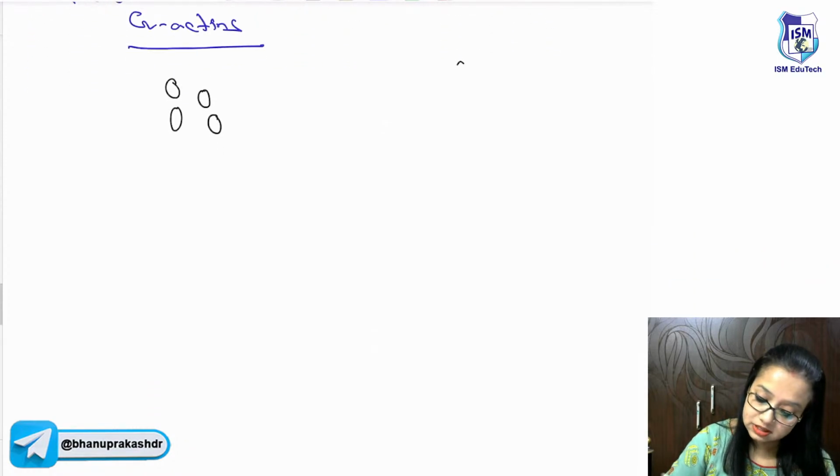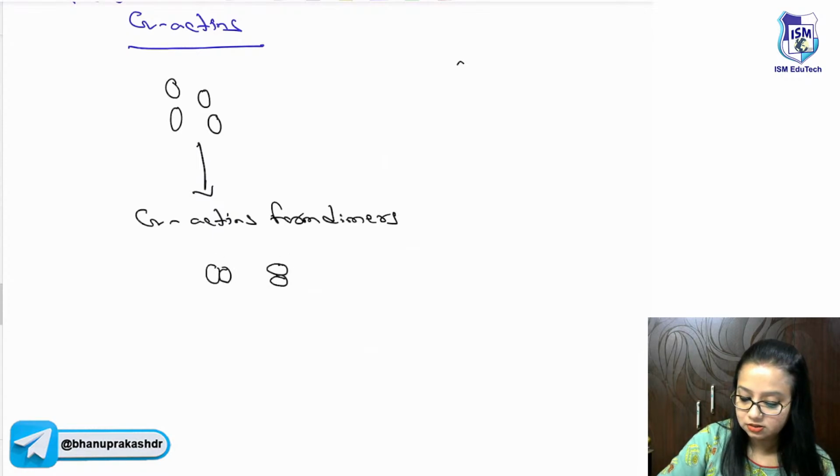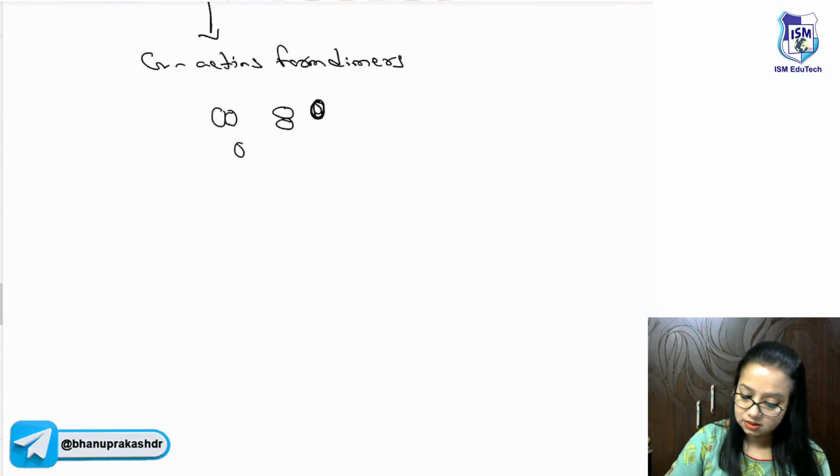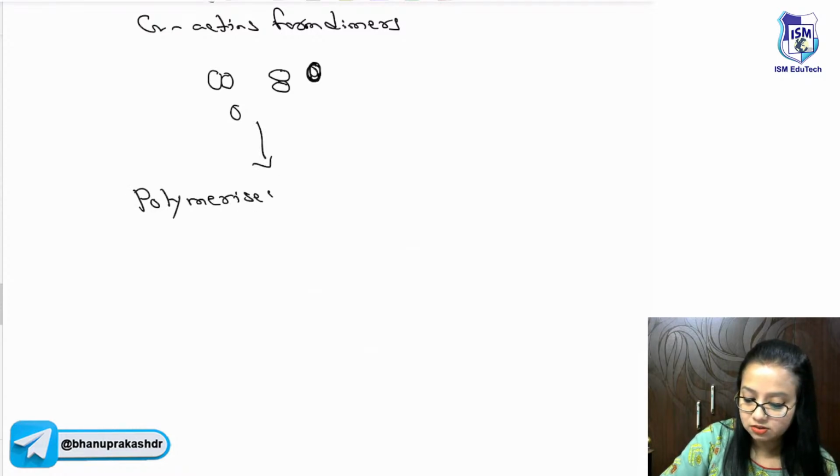Okay, this is a G actin. Now, G actins form dimers like this. Okay, they form dimers. Now, these dimers then polymerize to F actin.